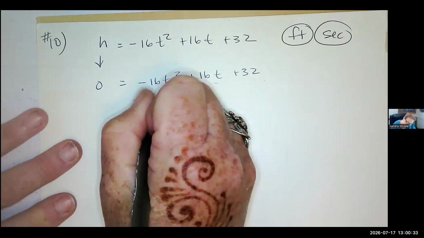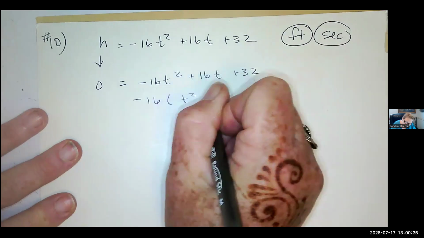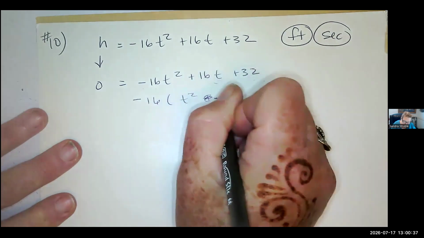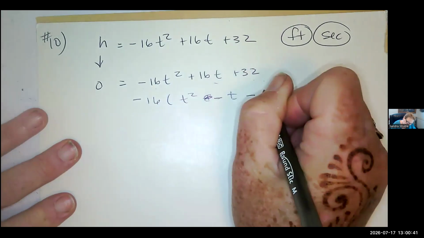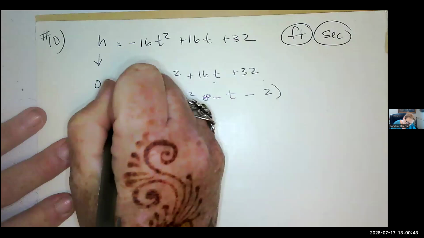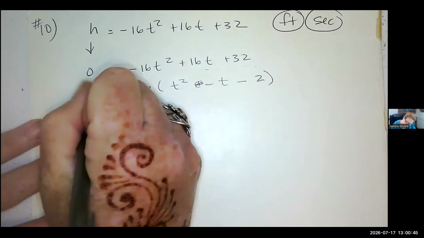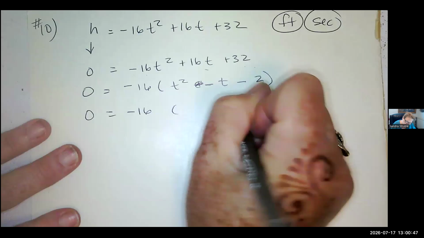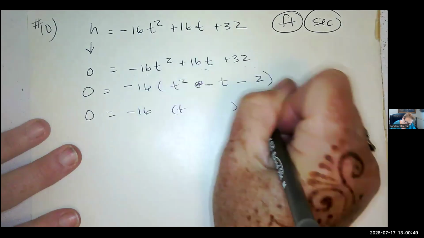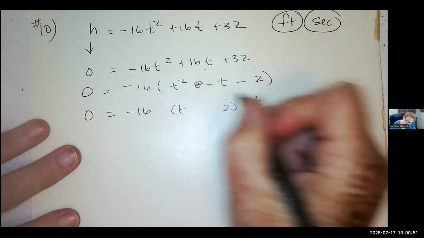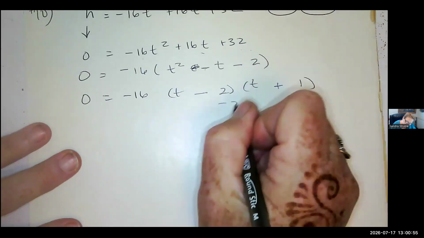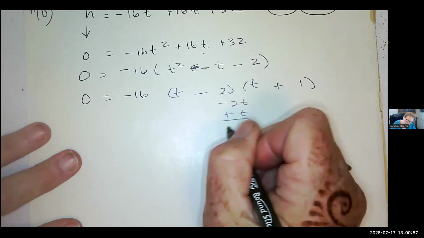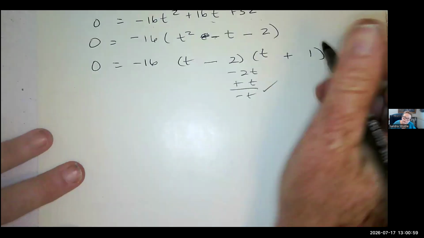It becomes negative 16 times t squared minus t minus 2. 2 and 1 are the only factors. I need my middle term to be negative. Let's check my OI: negative 2t plus t, negative t. Right.